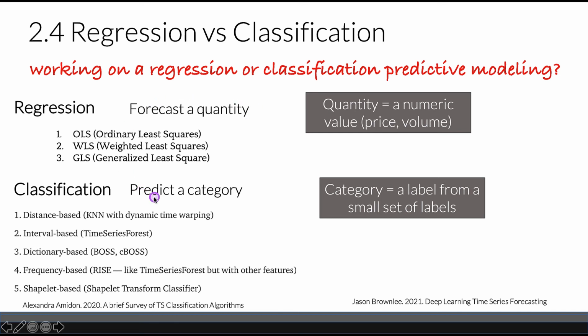If we need to predict a category, a label from just a small set of categories or labels, we'll need to use classification. And of course, there are different models that can be applied to regression, and similarly different models that can be used for your classification problem.